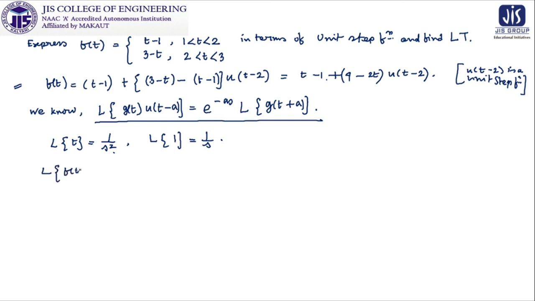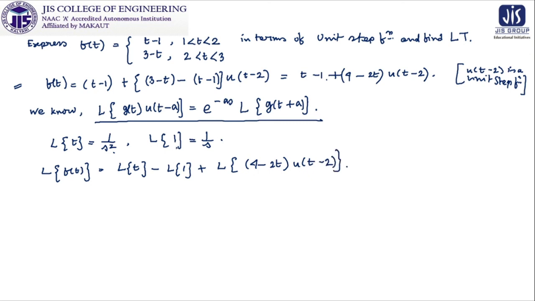The Laplace transform of f(t), we can write as the Laplace transform of t minus the Laplace transform of 1 plus the Laplace transform of (4 minus 2t) into u(t minus 2).